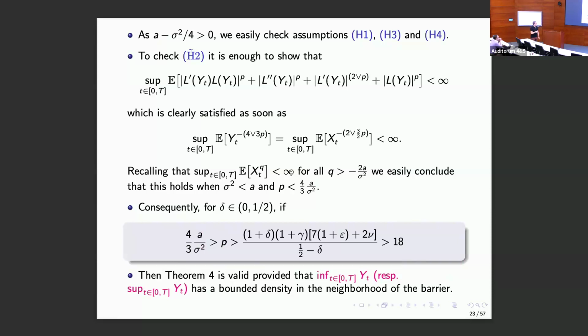Except you need to check that the infimum, or the supremum, of the Cox-Ingersoll process has a bounded density in the neighborhood of the barrier. And looking in the literature, I didn't find any results in that direction. So we prove it in this work.